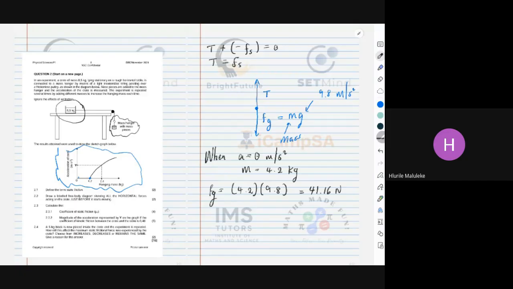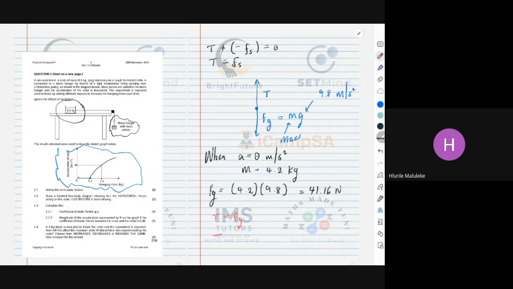newtons. Right, thank you. So even in this case, remember we have this here, which is our free body, but it's stationary. So since it's stationary, it's not moving, that means your T is equal to your Fg. So the T here is equal to Fg.